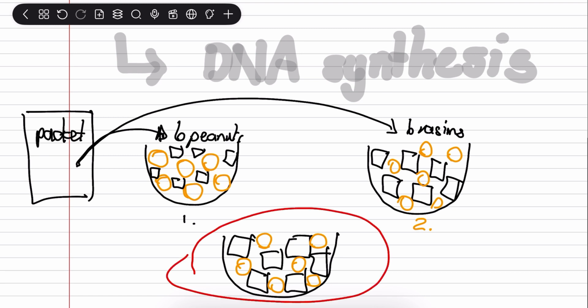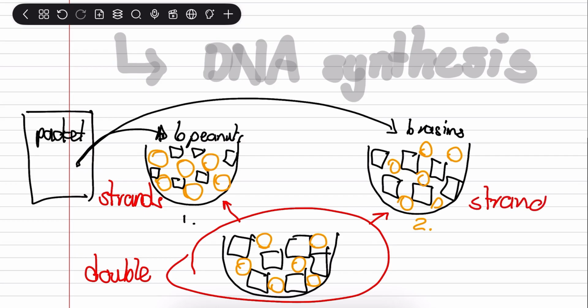Everything would be found in the nucleus, but let's zone in on the red. In this, I'm going to unzip. So when I unzip, I open up my DNA, which was a double helix, into strands. One strand is one ball and one strand is another ball.